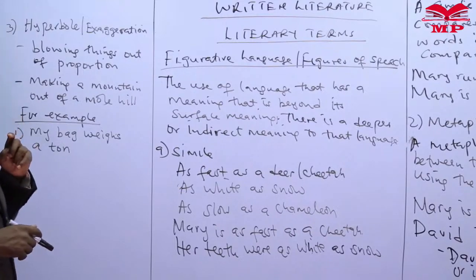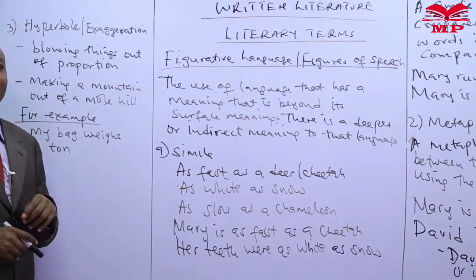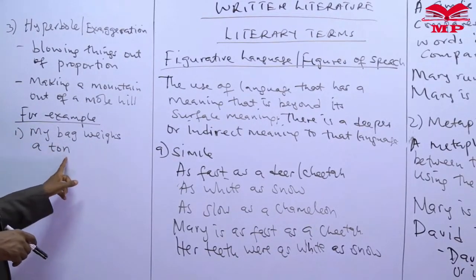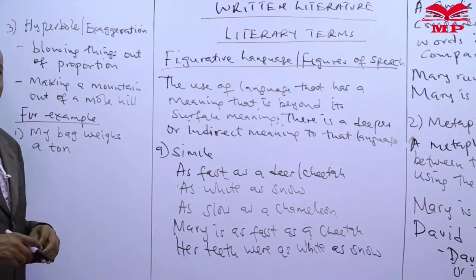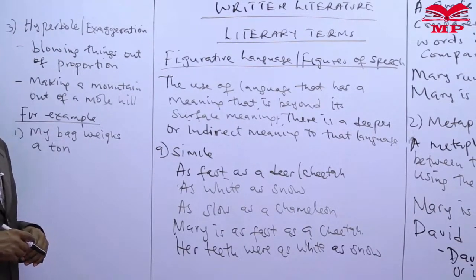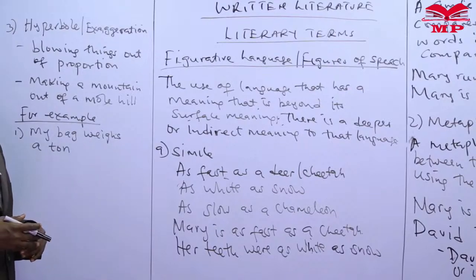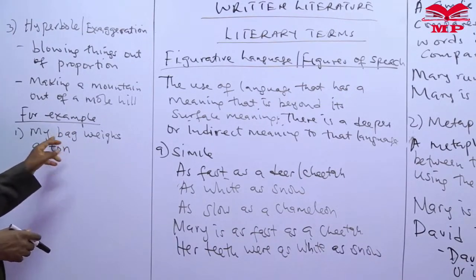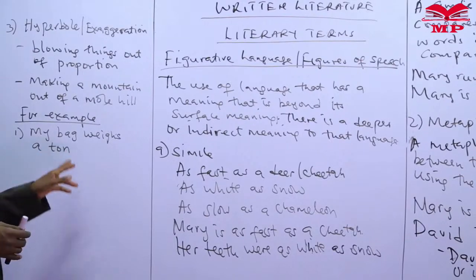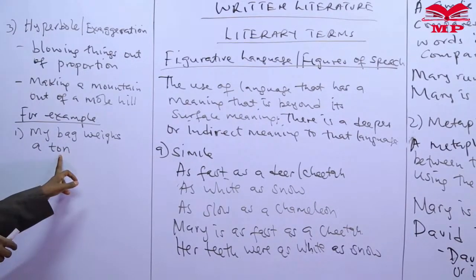Now, what is a ton? A ton, as we know, is 1,000 kilograms. Very heavy. Can a bag that you carry in your hand weigh 1,000 kilograms?